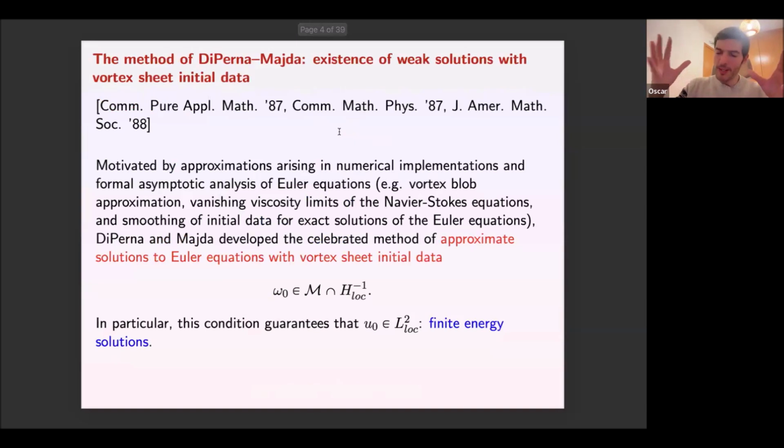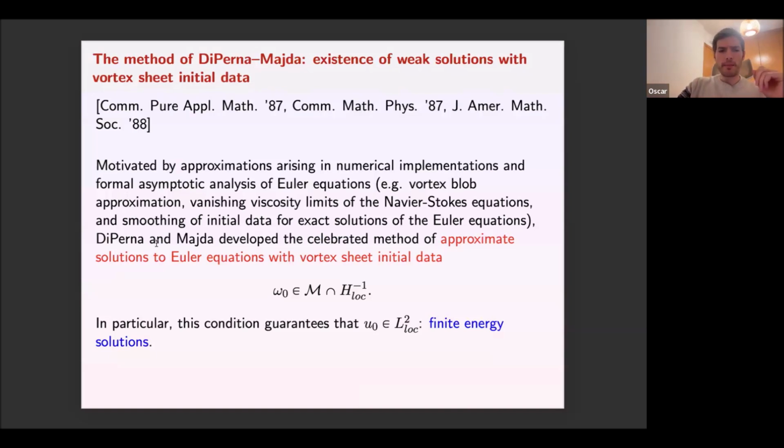This is not so easy, but this is the idea behind it. One can also construct approximating solutions via smoothing the initial data for exact solutions of the Euler equations. But one can also implement numerical methods such as vortex blob approximations, discrete methods, many methods.